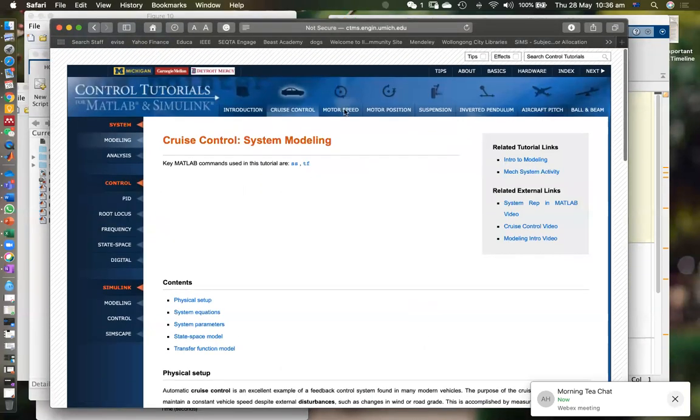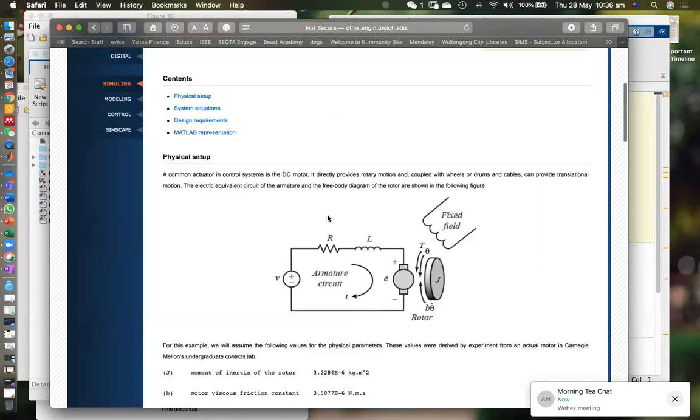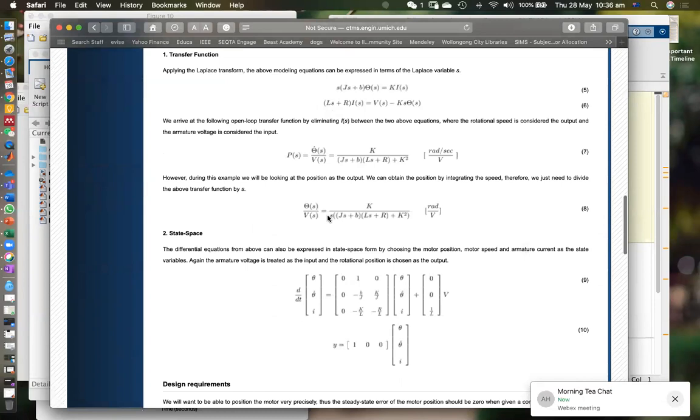If you do, we'll have to start our project from the beginning. How do we achieve that transfer function as well? Yes, that's the modeling part. If you have a motor position, you get a transfer function like this one, a third order system, so you'll get something different.